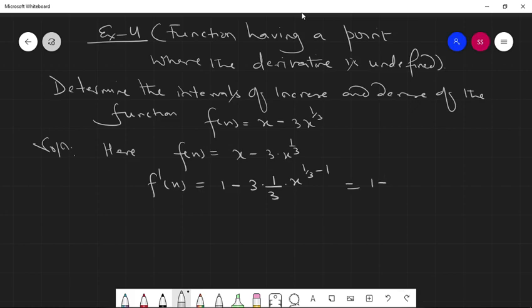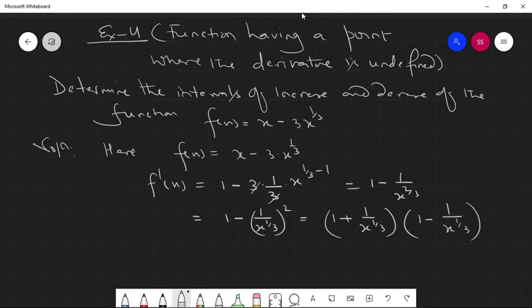It will be 1 minus, the 3 can be cancelled, and this goes down, making 1 over x to the power 2 by 3. Then again we can change this to 1 minus 1 over x to the power 1 by 3 whole square, equal to 1 plus 1 over x to the power 1 by 3 times 1 minus 1 over x to the power 1 by 3. These two are the factors.